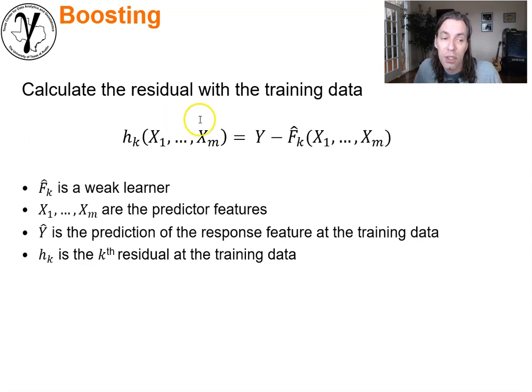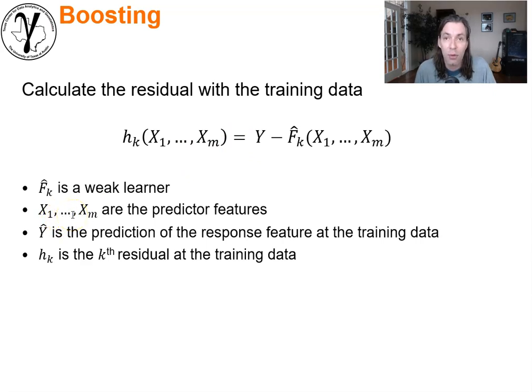Then we're going to calculate the residual with the training data. So we've got the true values, we've got the prediction values, so hk is going to simply be the residual at the training data locations. Now remember that fk hat is a weak predictor, so this is going to be a substantial amount of error. Okay, there could still be all kinds of structure in it.